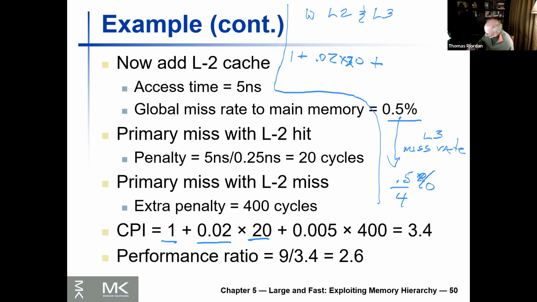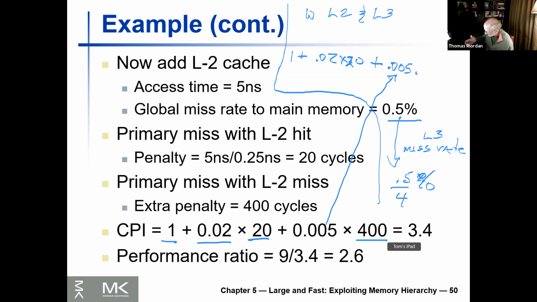And so that goes into our equation here as 0.005. So that's this number still, 0.005 times, and now this is our miss rate to the L3.